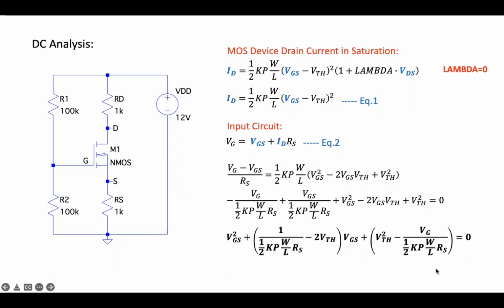Then use the quadratic formula to solve for the VGS. So again, when using the quadratic, you'll be getting two possible values of VGS. So we are going to select the value of VGS that is greater than the threshold voltage. So yun yung tamang value ng VGS.